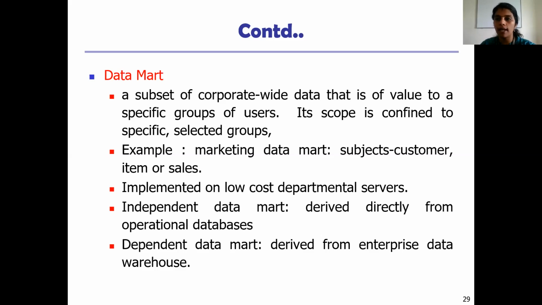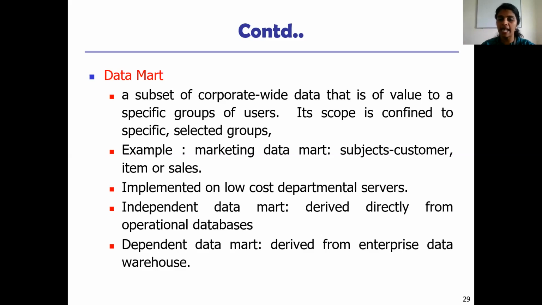Whereas a data warehouse is basically used by senior management for decision making, right? So an independent data mart is built from the operational databases, whereas a dependent data mart is derived from the main enterprise data warehouse.